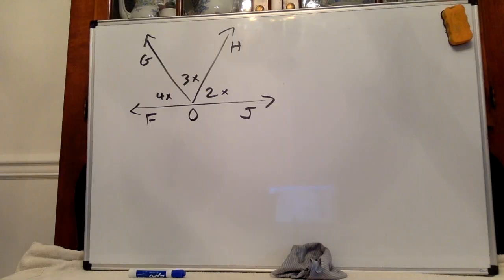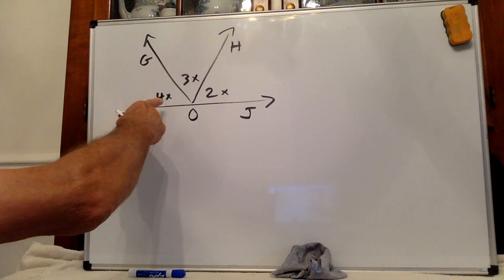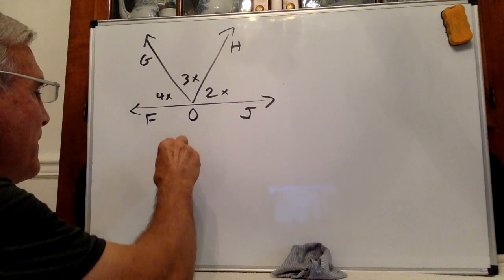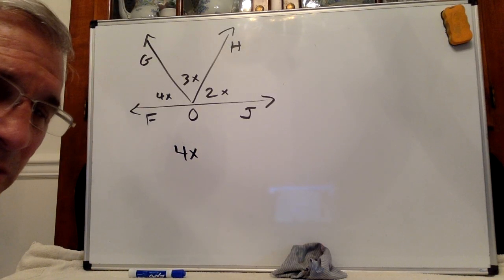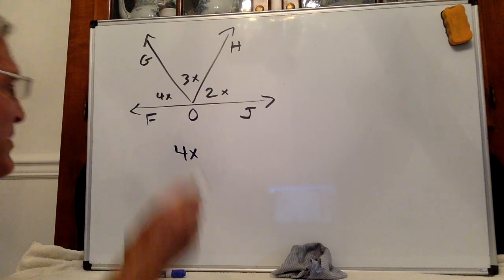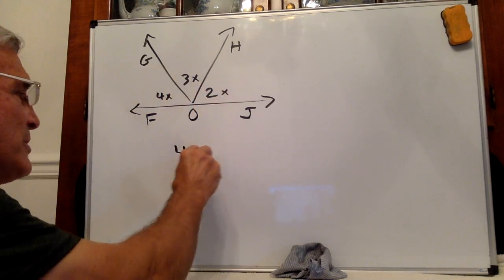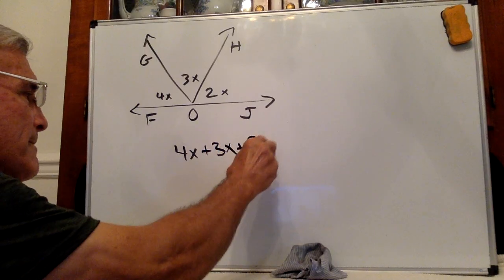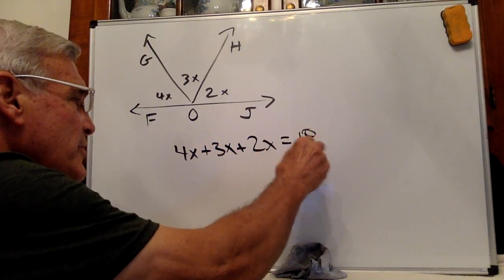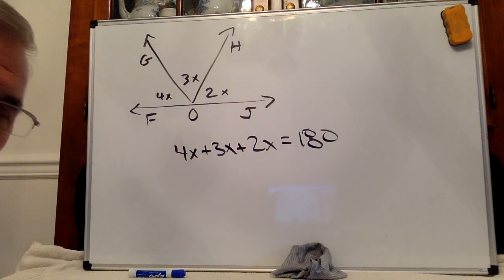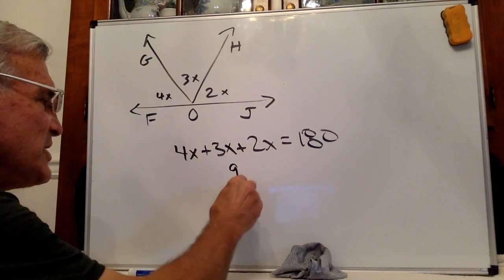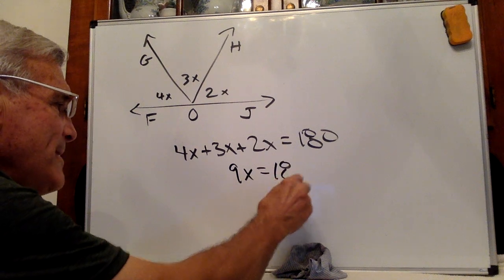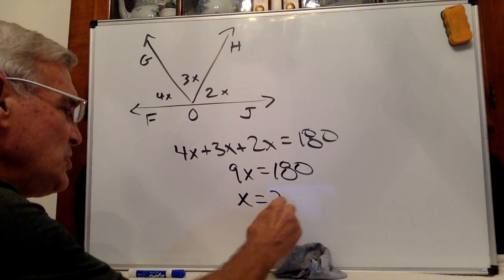So in order to find FOG, I have to first solve for x, and then substitute x right there for the x. And what I'm going to use is the fact that a straight angle is 180 degrees. That means if I put these 3 pieces together, it equals 180. Again, just a first degree linear equation. 4 and 3 is 7, plus 2 is 9x equals 180. So x is equal to 20.